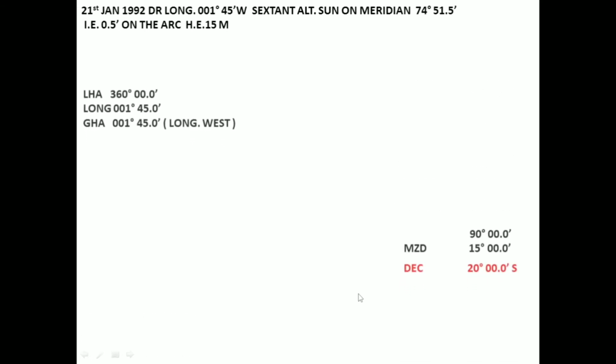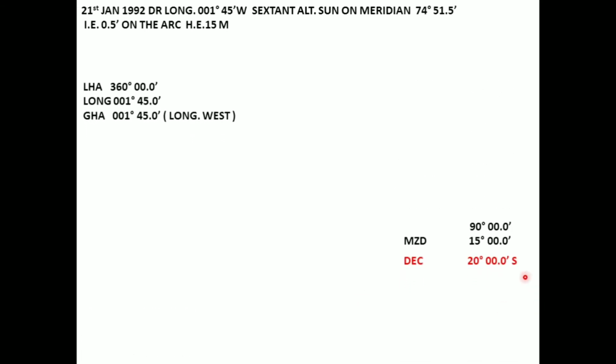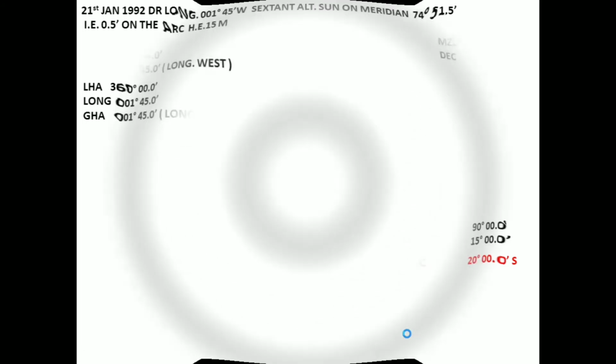After getting your GMT meridian passage, you figure out your declination, and then you apply all the errors to your sextant altitude to find your true altitude, convert it into zenith distance, and then figure out your latitude.